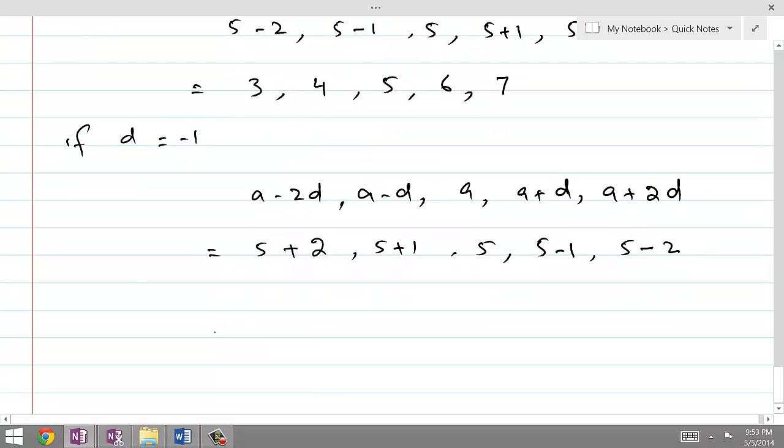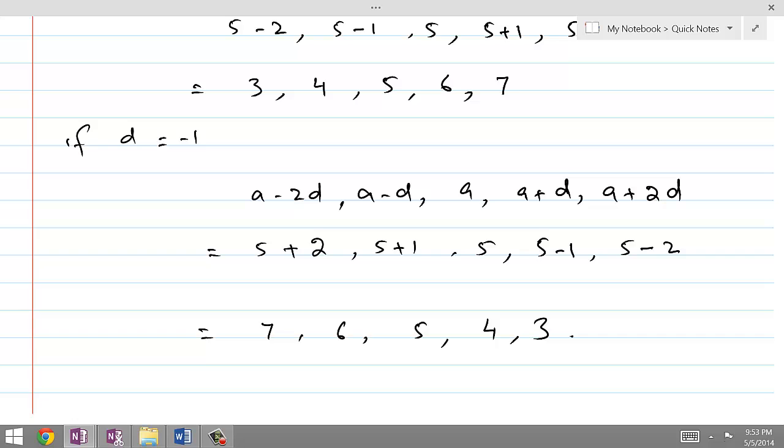Then these numbers would be 7, 6, 5, 4, and 3. But the numbers will still remain the same, and these are the numbers whose sum is equal to 25 and the sum of whose squares is 135.